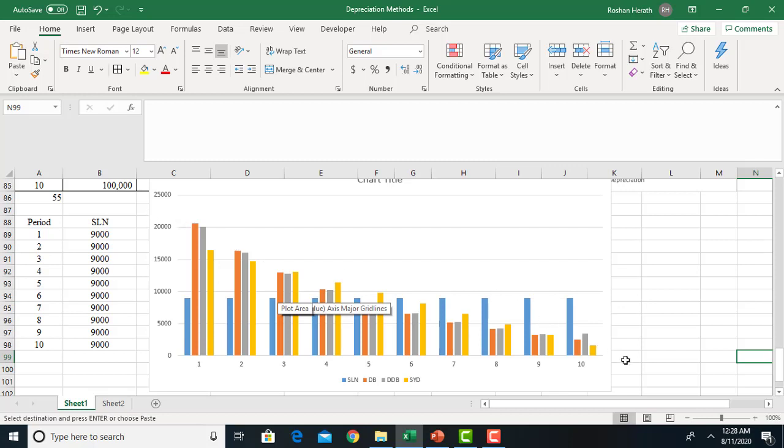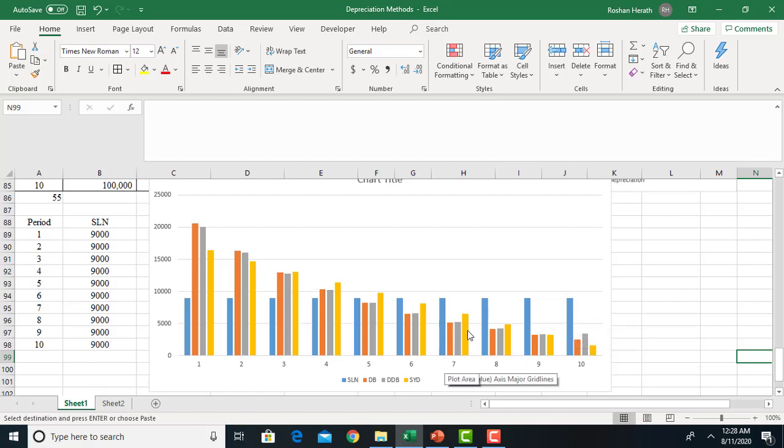Then if you go to the last year, you can see that the lowest depreciation was witnessed under the sum of year digit method, and the highest depreciation was under the straight line method.